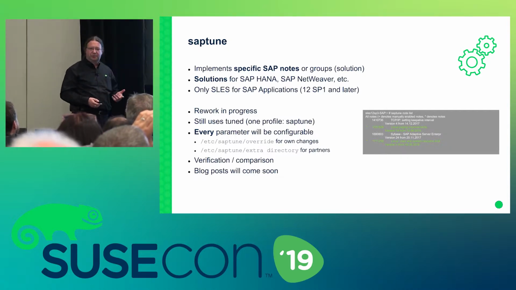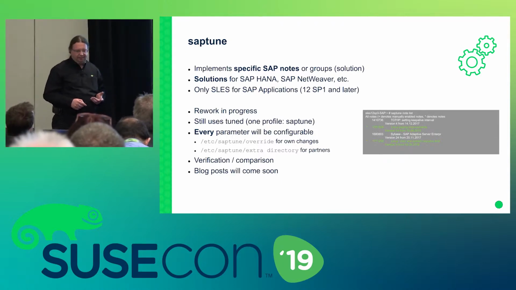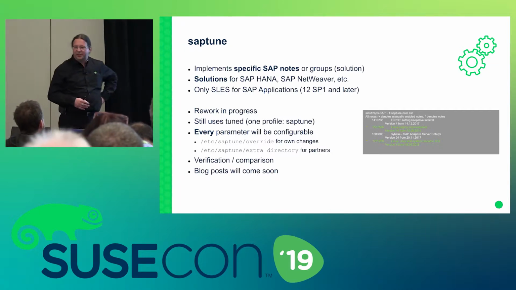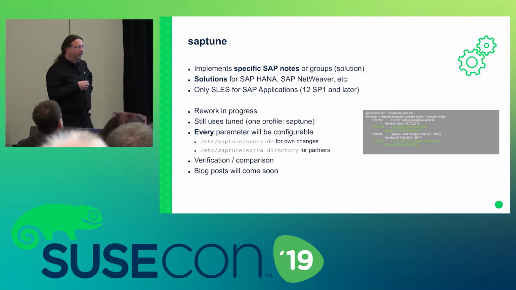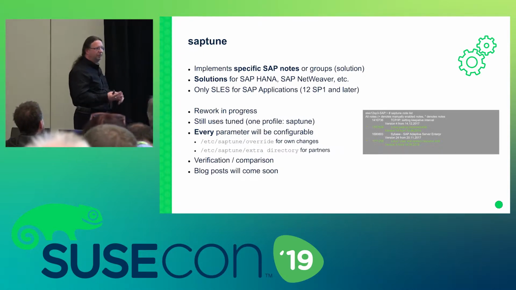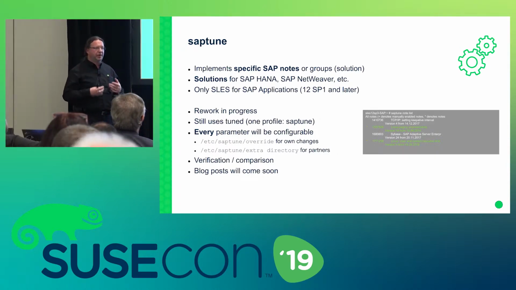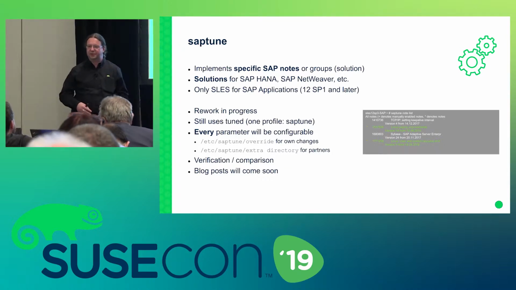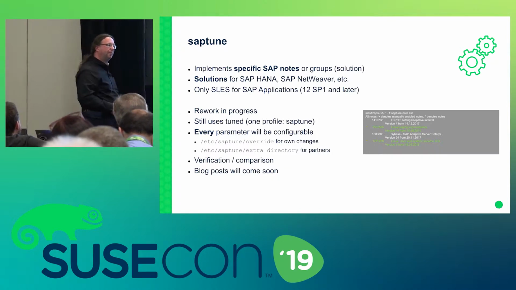And as a hardware partner or as a hosting partner, there's also a configurable way to put override parameters in a distinct directory, so that if you have experience that some of the recommendations SAP is giving you want to fine-tune, you're able to do this. Just build your RPM, for example, put it on the server, and have the tool acknowledge that.